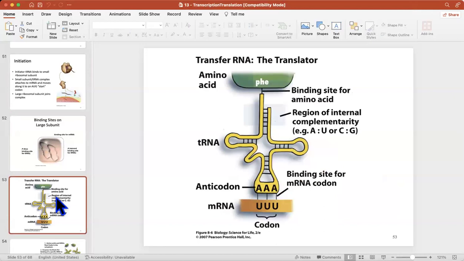So theoretically, when they form the protein, it's always the correct one that comes and binds. Because of the codon-anticodon structure, the mRNA has the codon, and the tRNA needs to have the correct anticodon. That's the only one that can bind with it, and then only the correct amino acid will come to bind.